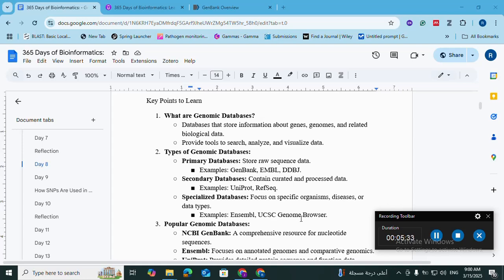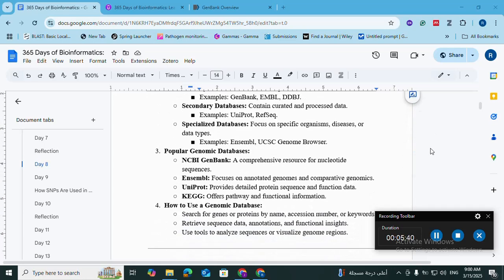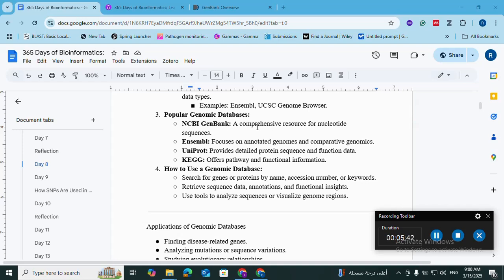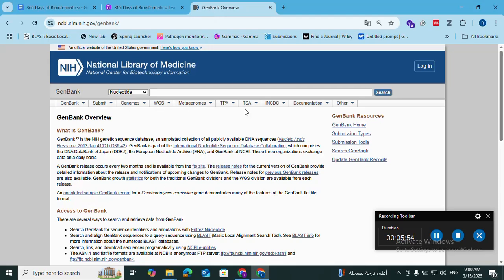What are the popular genome databases? Number one, NCBI GenBank. It is a comprehensive resource for nucleotide sequences. I enter NCBI GenBank into Google and I go to their website. This is a GenBank overview.